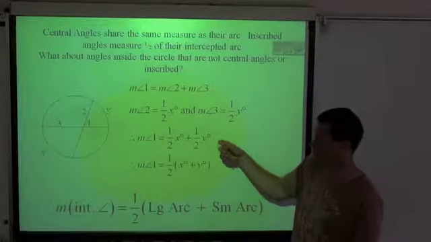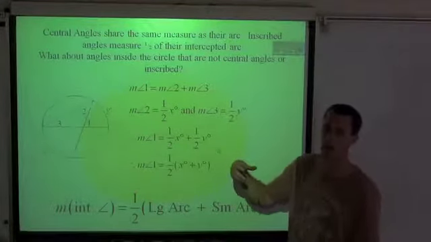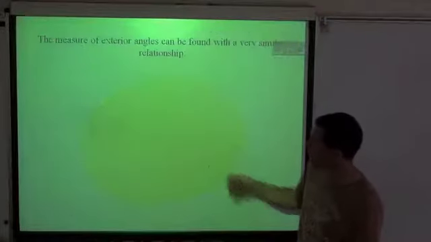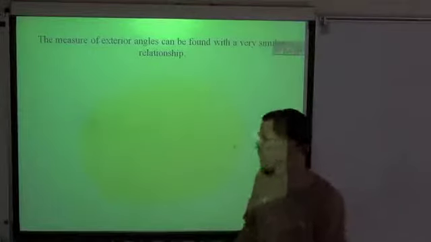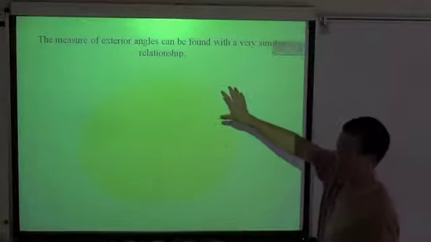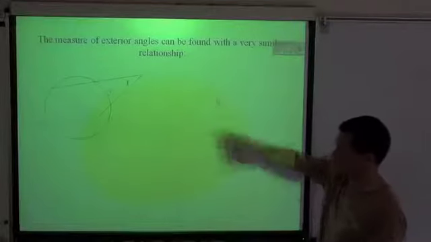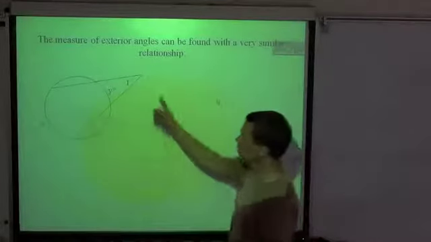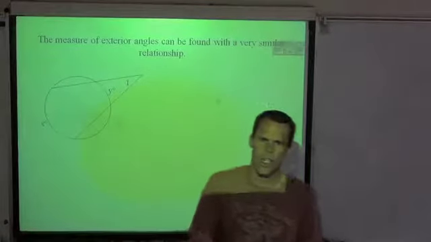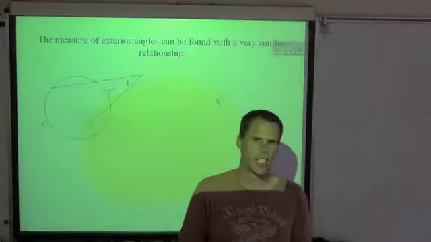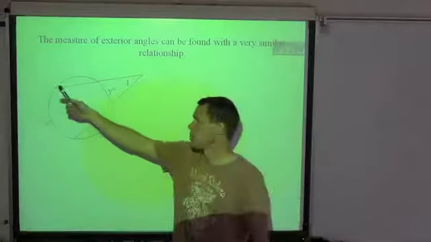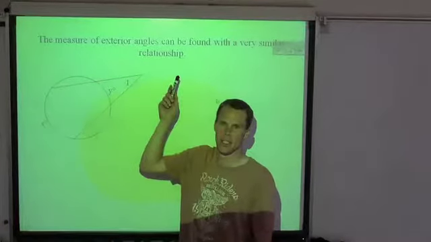Okay, let's move on and go to what about angles that are outside the circle? So we're going to look at the exterior angles, and we're going to get a very similar relationship here. Here's an exterior angle. These two segments that we see now are not chords and they're not tangents. These are called secants. Secants are chords that keep going outside the circle.